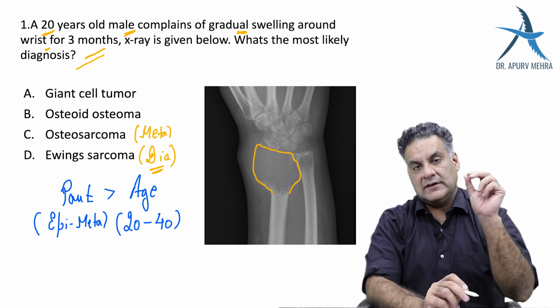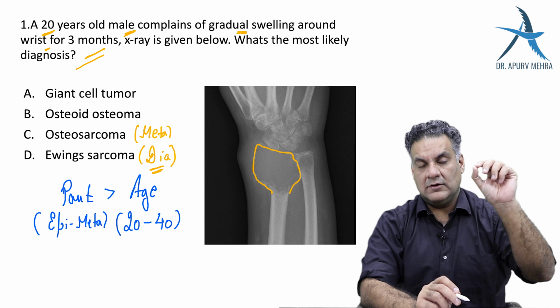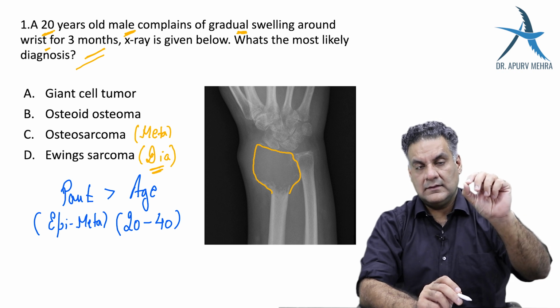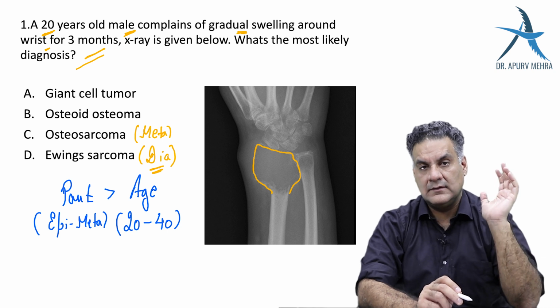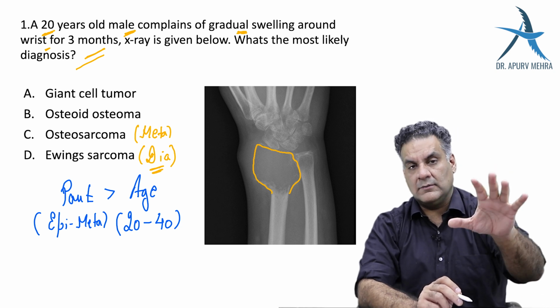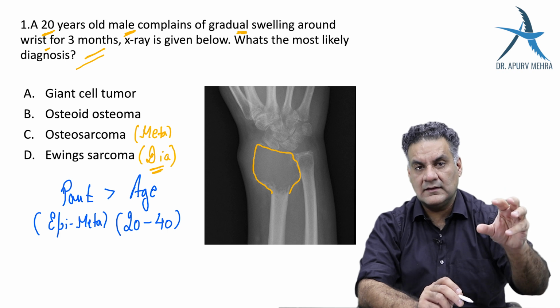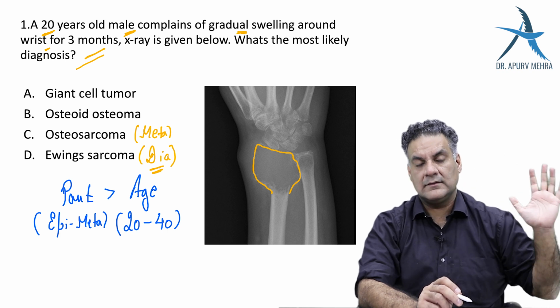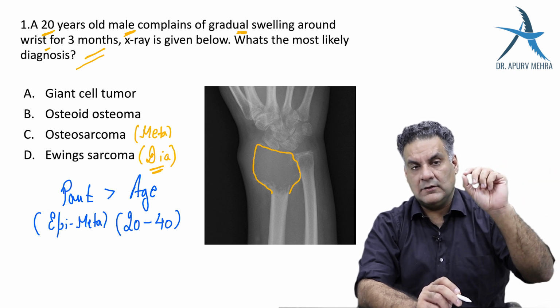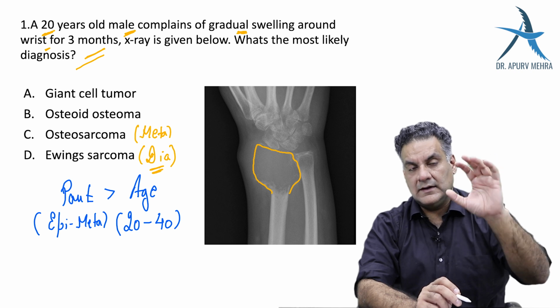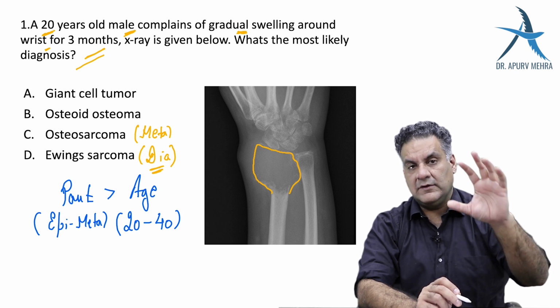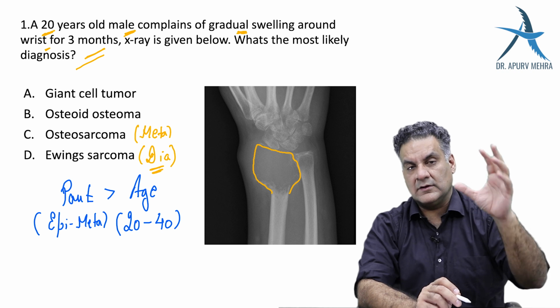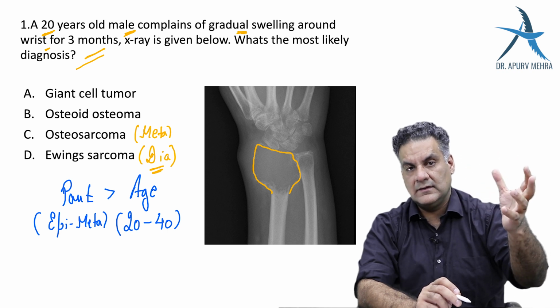So friends, if the question is a 15-year-old male has a malignant tumor at the end of femur, think about osteosarcoma, because ends are epi or meta. A 15-year-old male with a malignant tumor in the middle of femur, think about Ewing's, because middle is diaphyseal.